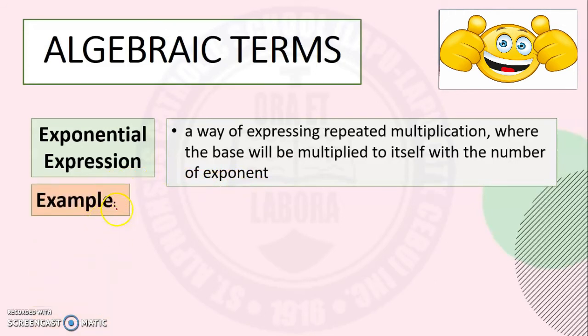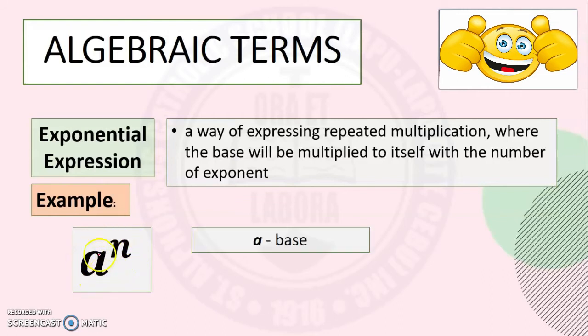Example: we have the exponential expression a to the exponent of n. In this example, a is our base and n is our exponent. So these are the basic parts of the exponential expression. Always remember base, exponent.